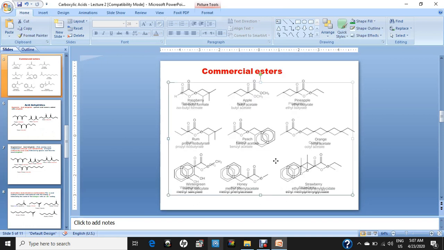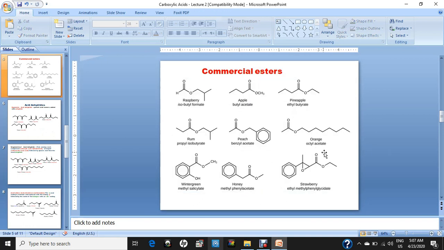These are just for your information. These are generally not common, and they are not the IUPAC names, but we use these esters on a daily basis in our food. Raspberry fruit has ester. Apple has ester: butyl acetate. These are not the IUPAC names; these are commercial names. Pineapple: ethyl butyrate. Rum, which people drink, has ester. Peach, the fruit which we eat, has ester.